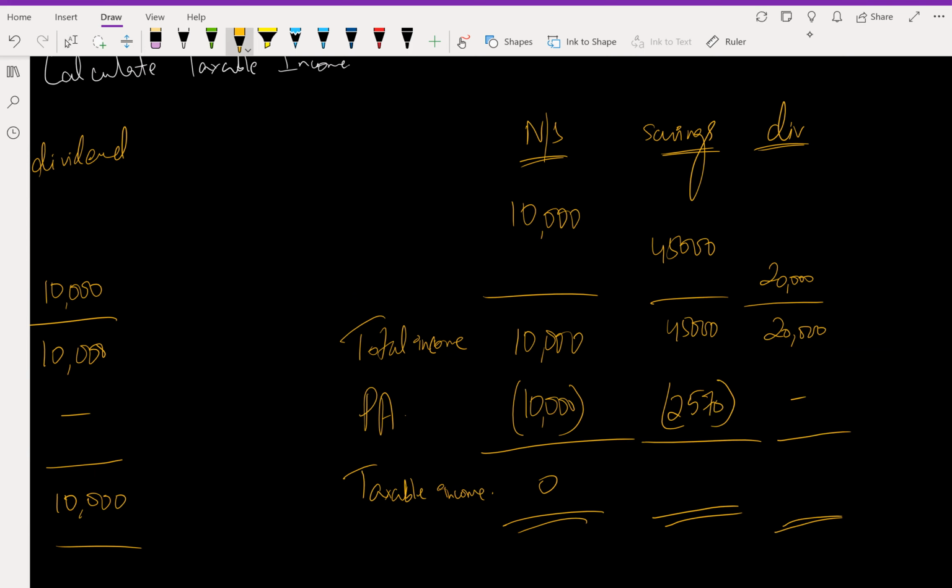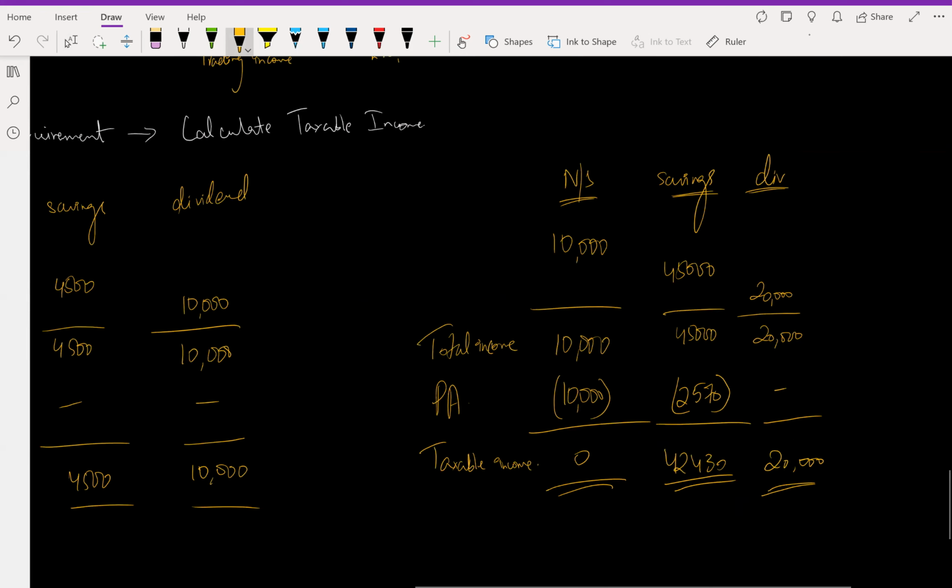So 45,000 minus 2,570 will give me 42,430, right? Let's just confirm. 42,430. And this is 20,000. So this is your answer for question number 2. Again, the point to understand over here is the utilization of personal allowance.